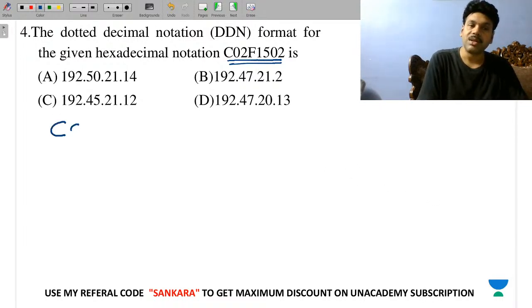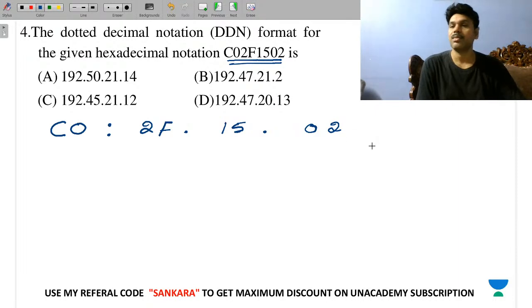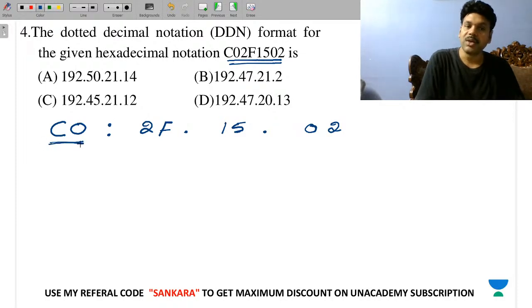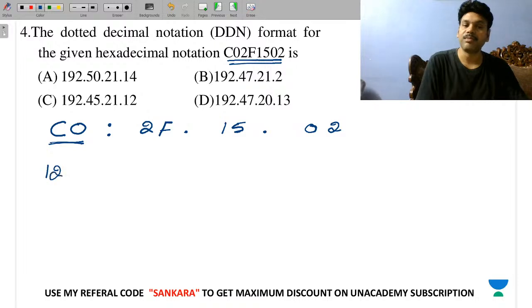Therefore, C0 dot 2F dot 15 dot 02. So I have divided the entire hexadecimal string into 4 equivalent octets. Now what is the meaning of C0? C means A, B, C in hexadecimal, it is 12, and 0 is 0 only.